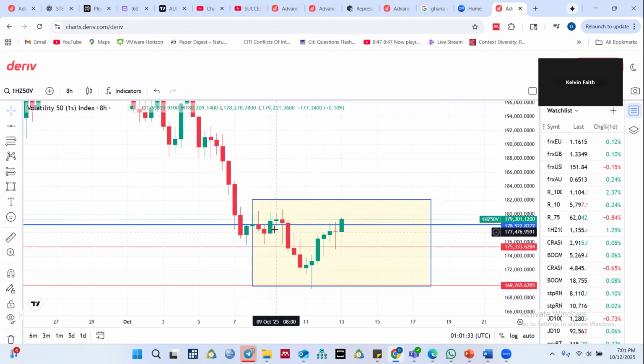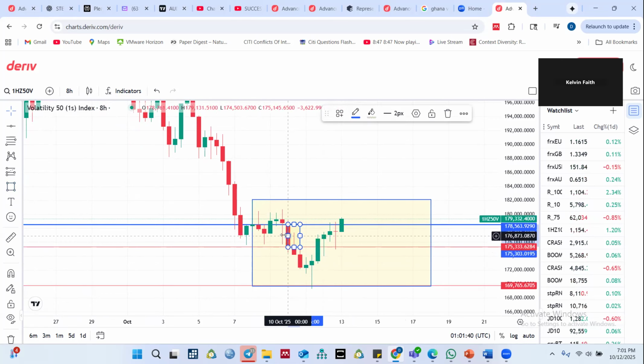So another thing that I see is that this is a big bearish candle that is giving us indication for a sell. So it's telling us that inside this consolidation that is happening here, sellers are in charge below the red line. But the moment this current 8-hour candle closes bullish, it's going to mean that buyers are in charge.